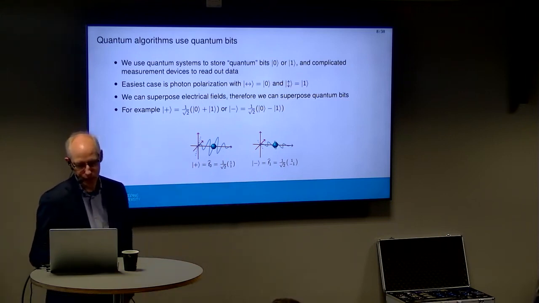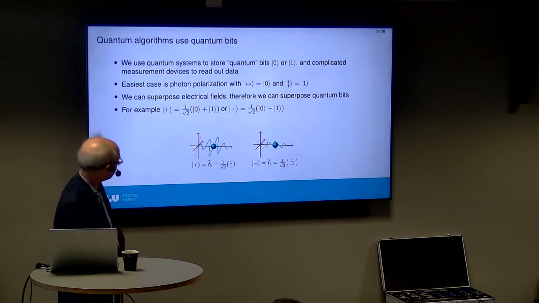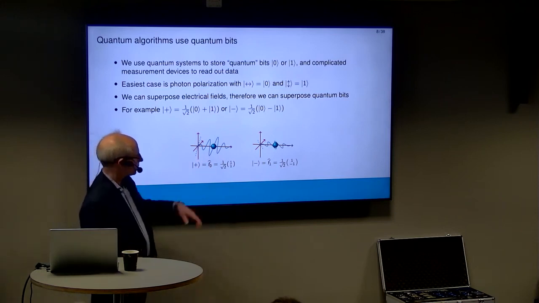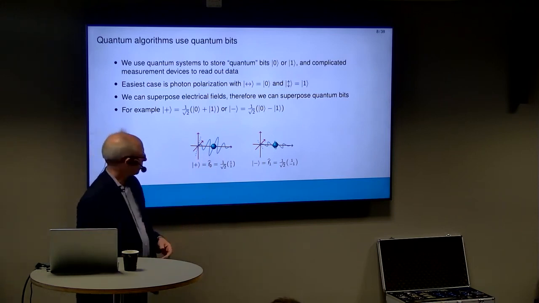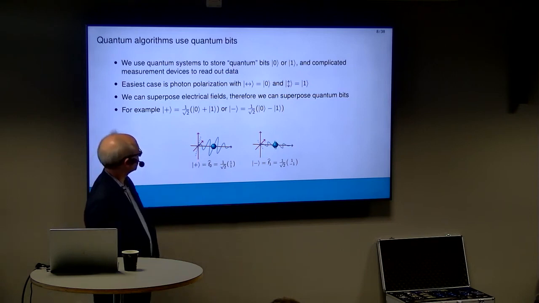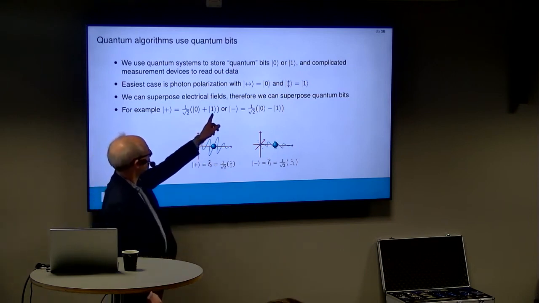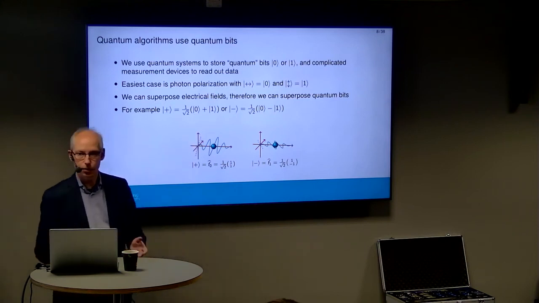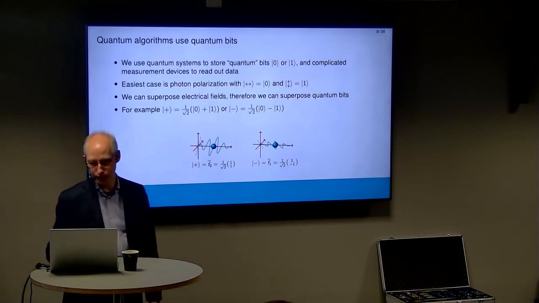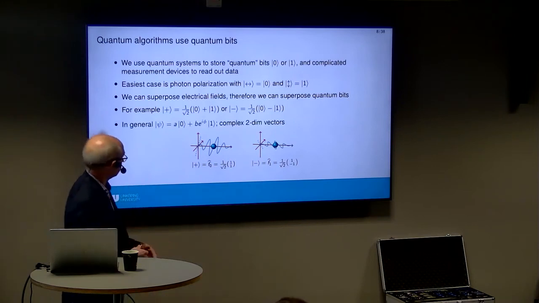So we can superpose electrical fields. What would happen if I run this through my detector? Well, I would have probability 1/2 to get a 0 and probability 1/2 to get a 1. Equal probability between the two. In general, this is more advanced.